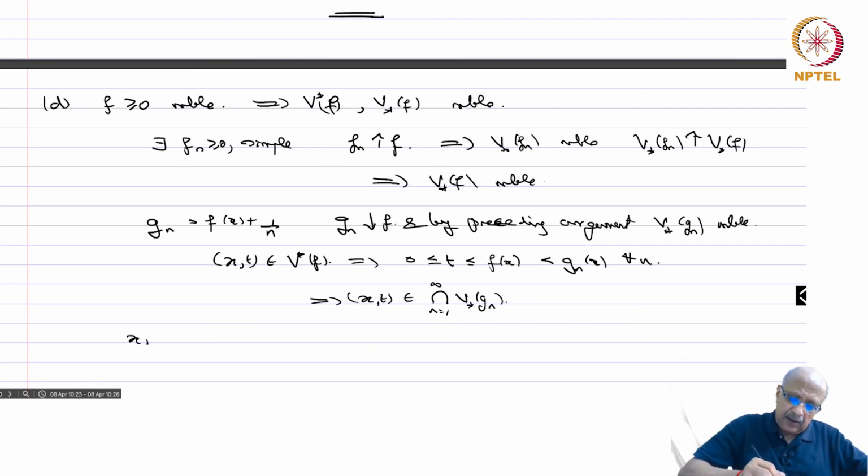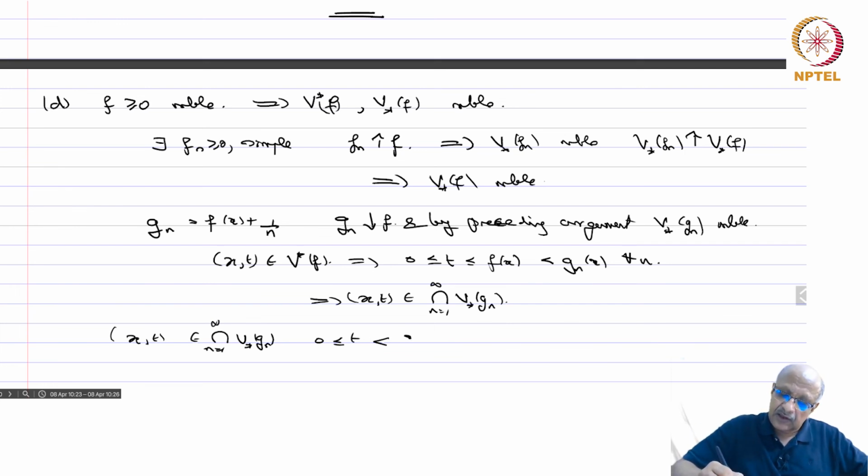And if (x, t) belongs to the intersection of V sub star g_n, n equals 1 to infinity, then 0 less than or equal to t less than g_n of x, which is f of x plus 1 by n, and this implies that 0 less than or equal to t less than or equal to f of x.